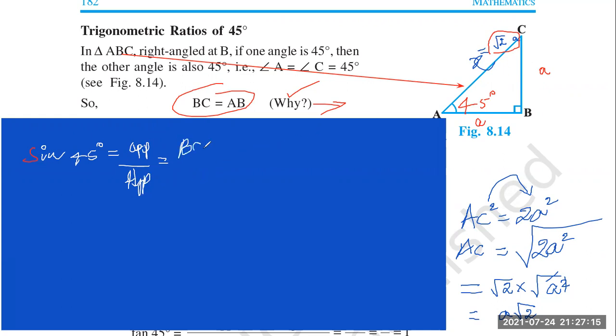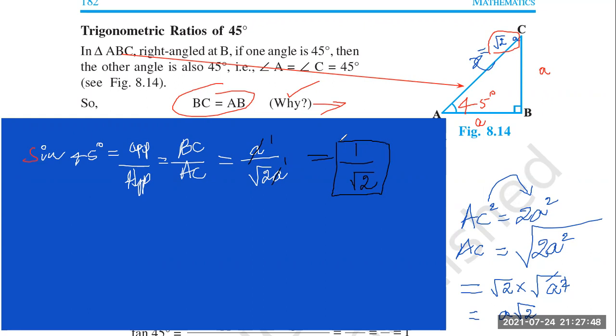BC upon hypotenuse, which is AC. So BC is A, and AC is root 2A. In the numerator and denominator, we have a common value, A and A. They get cancelled one time. So A ones are 1, A ones are 1. What is left now? We are left with the answer 1 upon root 2.